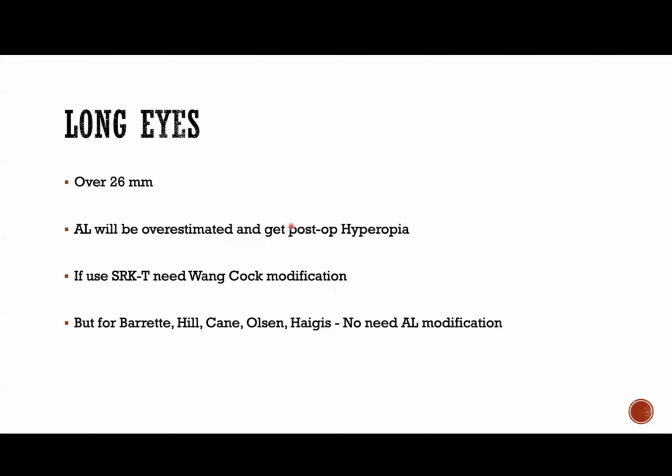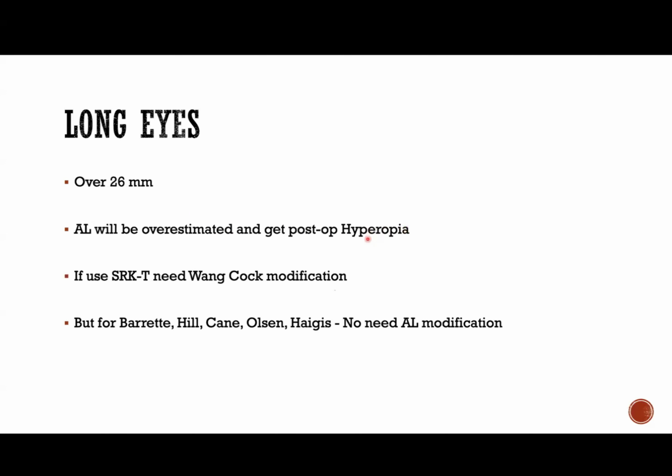So imagine the eye length is about 29 millimeter. The machine will say it's about 30. That's the overestimation. Then what happens? What we get is a post-operative hyperopic refractive surprise. That is very common with long eyes. Because of the overestimation, we get a post-op hyperopic error.